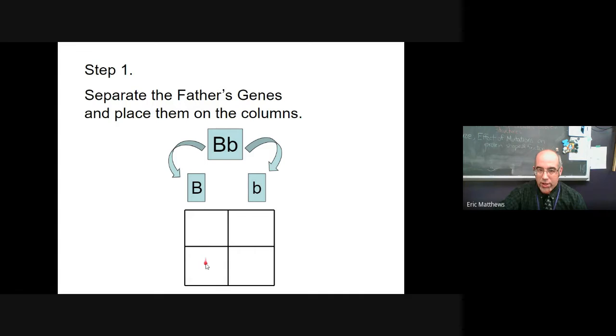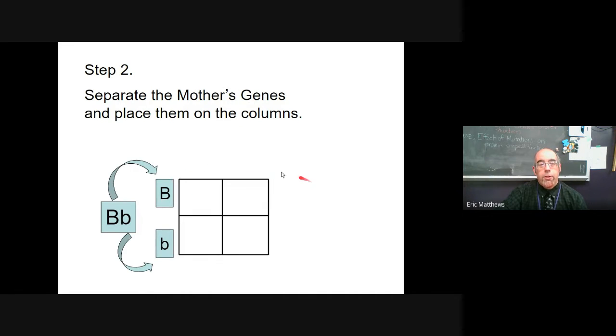You can see the vertical dividing line right there, and one letter goes into each column. Then we're going to take mom's alleles, her two letters, and separate them into the two rows. Once again, there is a dividing line going horizontally right across. So one goes on the top row, one goes on the bottom row.